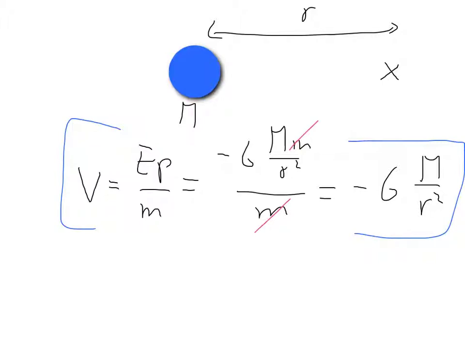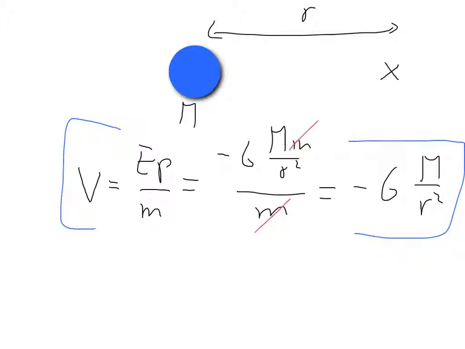And that makes sense because the two forces have exactly the same expression. So you can understand the gravitational potential just like you do the electric potential. It's the potential energy per unit mass that a mass would have in here. And that's all there is to it.